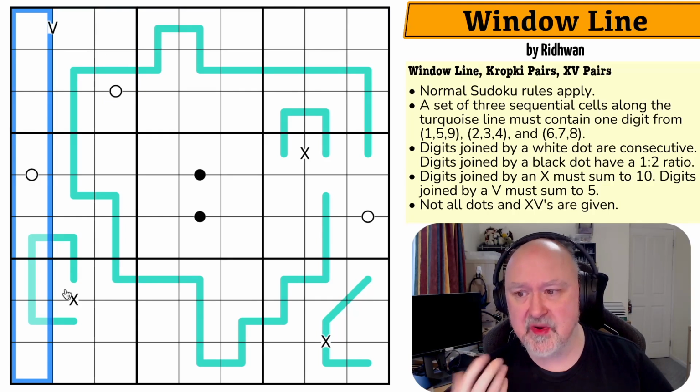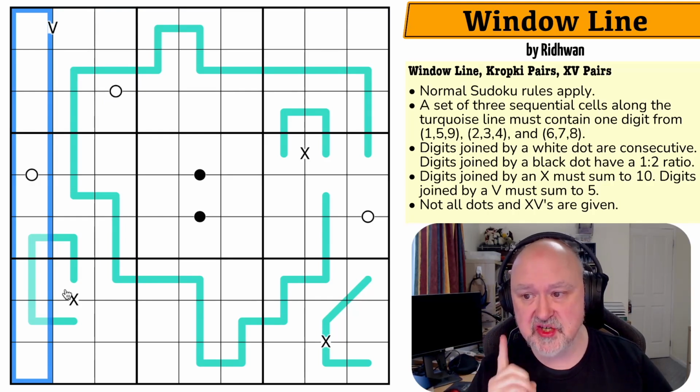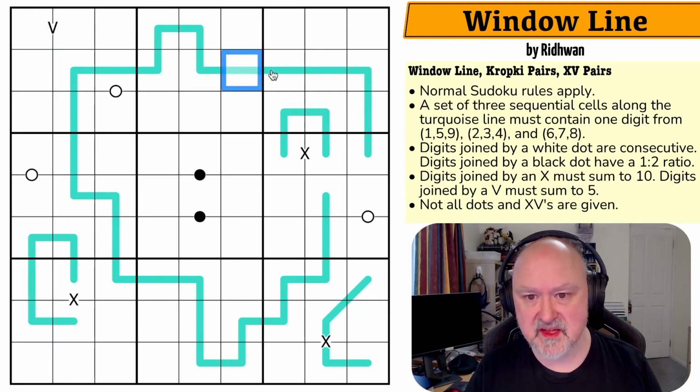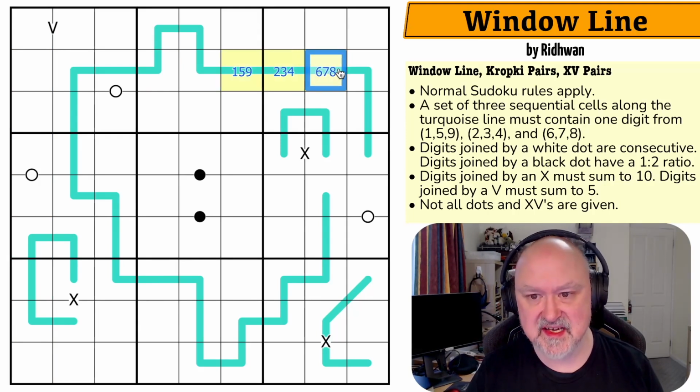A set of 3 sequential cells along the turquoise line must contain one digit from 1, 5, 9. So let's pick this set of 3 cells, because it'd be any set of 3 cells. If this was from 1, 5, 9, then the next set is 2, 3, 4, and the next set is 6, 7, 8.